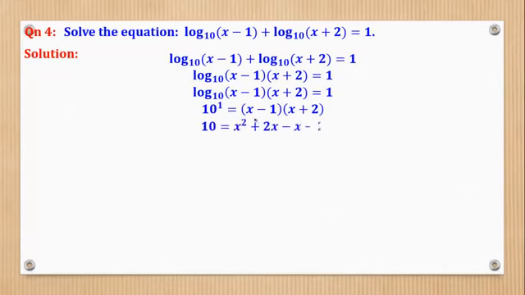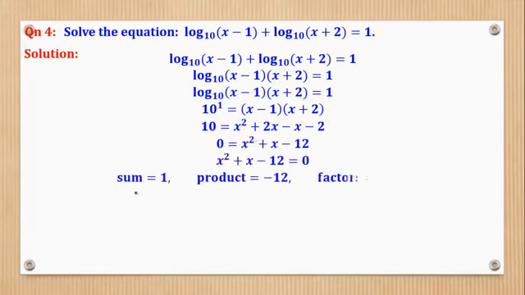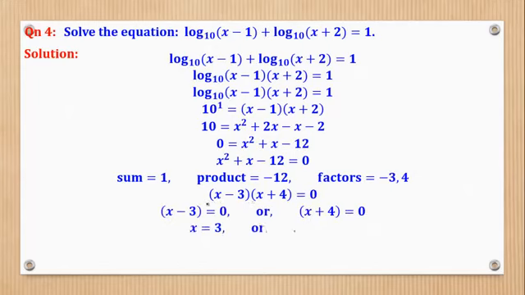Then I can expand and collect like terms to get a quadratic. Solve the quadratic by getting sum as 1, product as -12, factors will be this. Meaning I can get these factors, then the roots will be that.